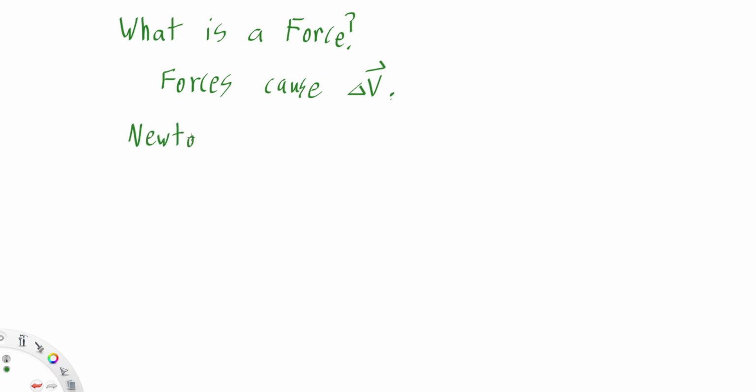Newton's first law is a kind of restatement of this definition. What it says is that the velocity of an object is a constant unless there's a force.